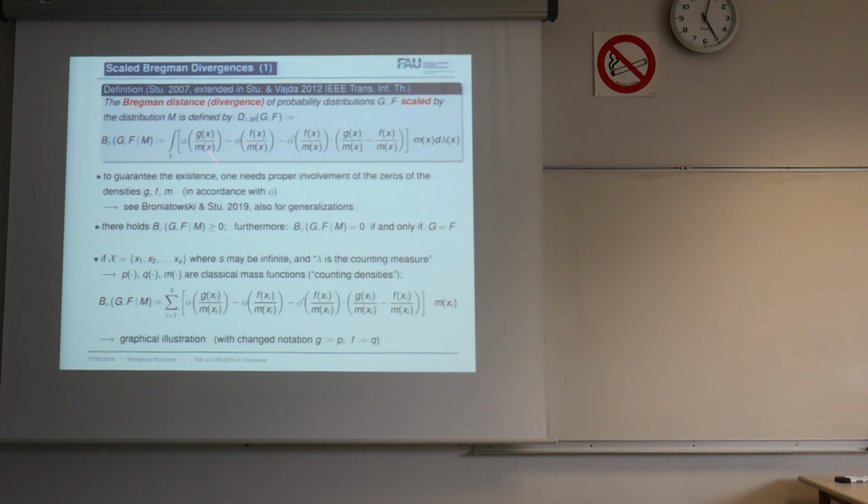So of course, if G and M and F have zeros, then one has to be a little bit careful of how to write things down, and there's a comprehensive study of that in the recent paper with Michel in the new volume of Frank's nice book on information geometry.